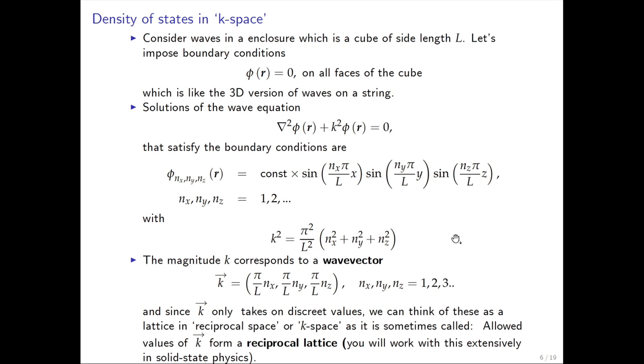And now we need to find the density of states of these k values or wave vectors, because that's how we enumerate the configurations of our particle in a box, and we'll have to transform that to energy, to density of states in energy, to use that in the partition function. So that's where we're going with this.